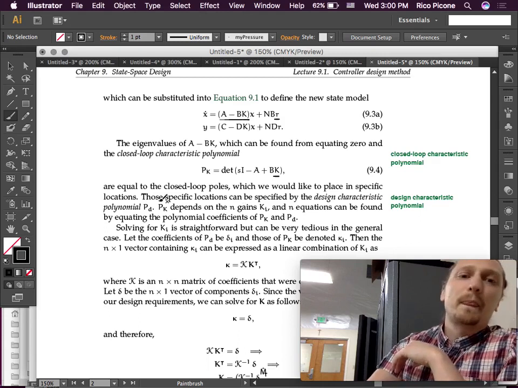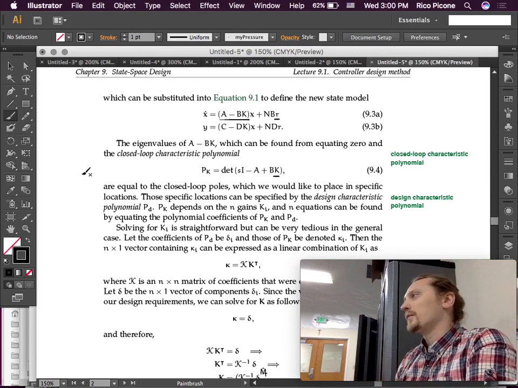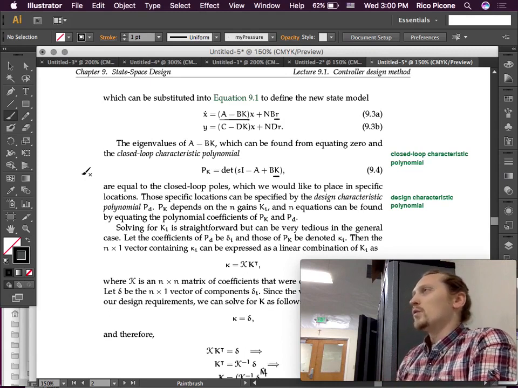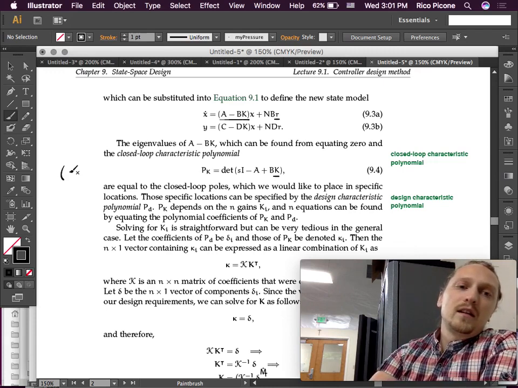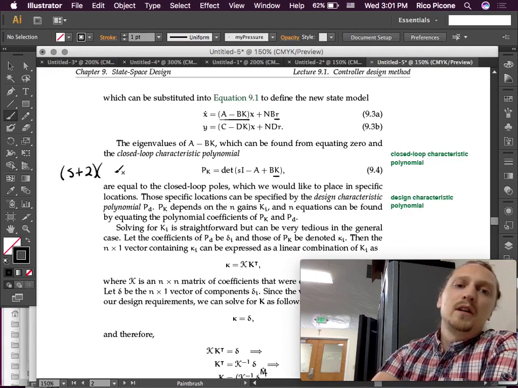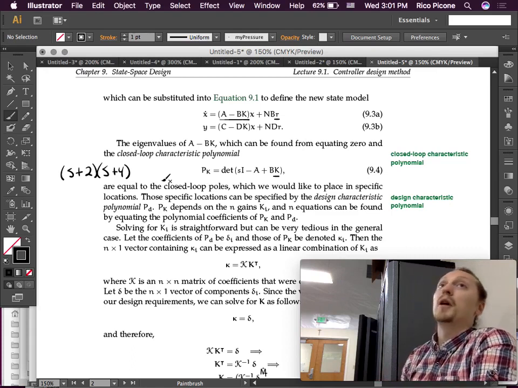So for instance, say you had a second order system, okay? And you wanted your closed loop poles to be at s plus 2 and s plus 4. So minus 2 and minus 4 on the real axis. Those are where you wanted them to be.